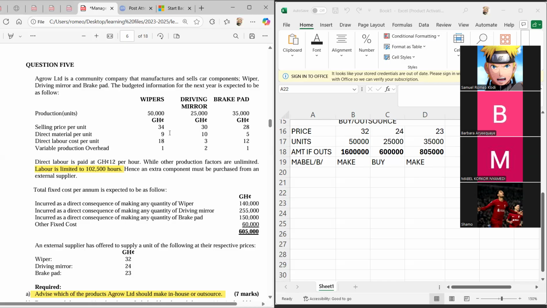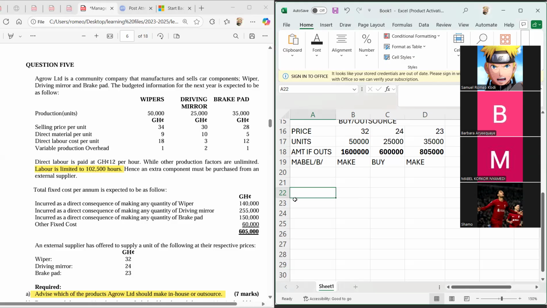Suppose they gave you a price at 3 cities. That means if this is a limited factor, you have to divide this by 3. But here they said our limited factor is hours. So we only deal with the ones you are going to make, and we have to look for the units you are going to produce for both of them. Since the unit is only limited to 102,500.